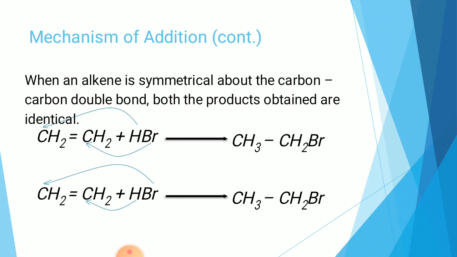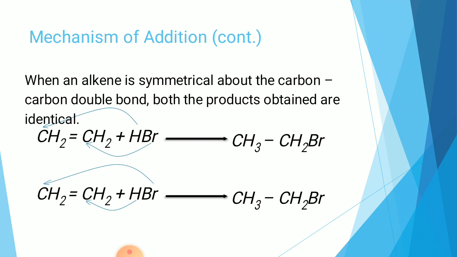After all this, we get one idea: when an alkene is symmetrical about the carbon-carbon double bond, two types of products are obtained which are identical to each other. That means what?